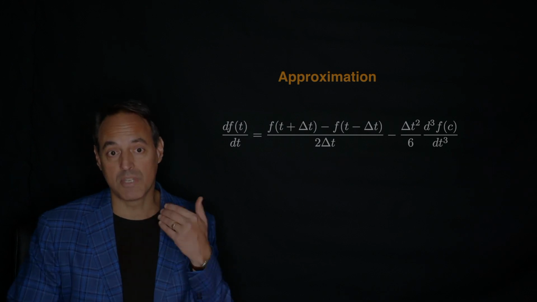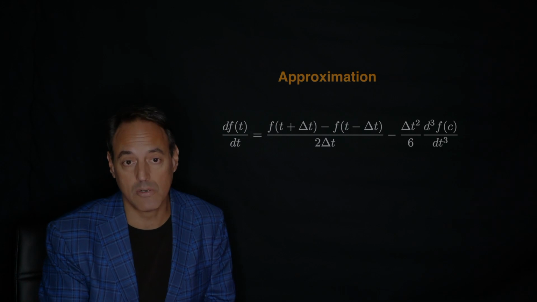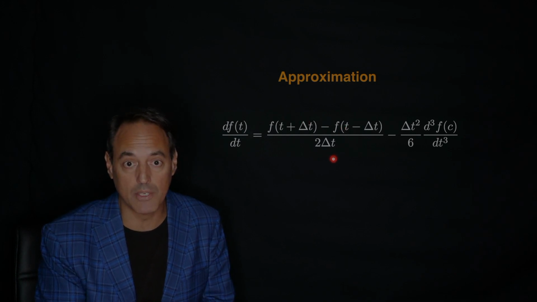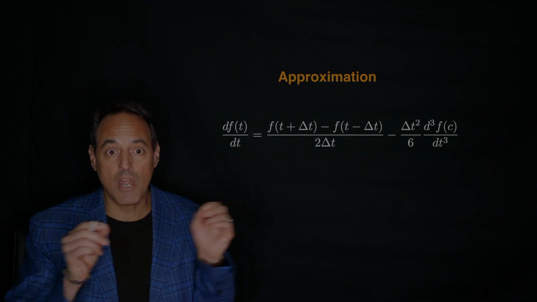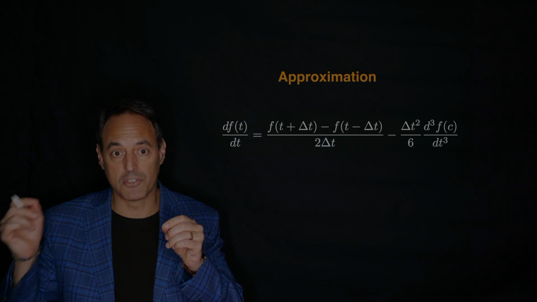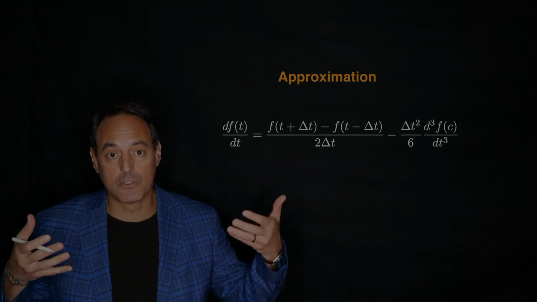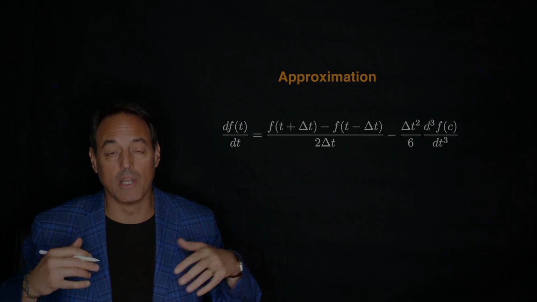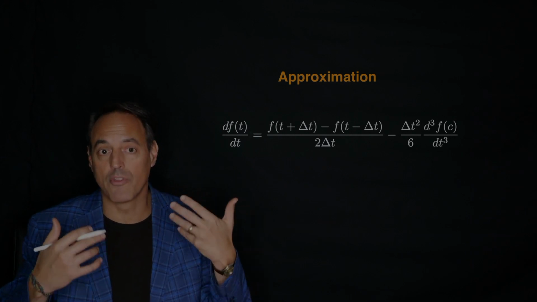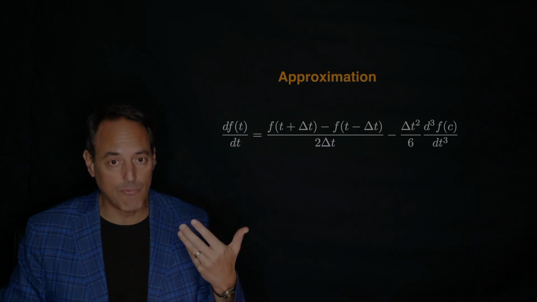And what does this term tell us? Essentially, it is an expression for the rise over the run. You're using two neighboring points, f of t plus delta t and f of t minus delta t, and the difference between them is 2 delta t, so it's the rise over the run, which of course we already know is the way to start thinking about derivatives, just a slope formula.